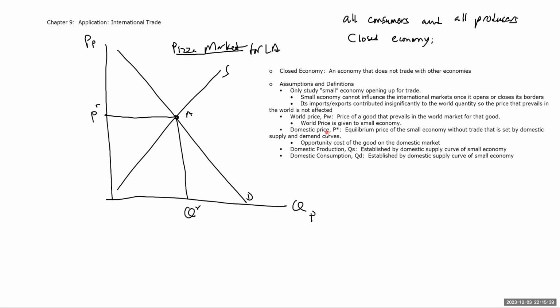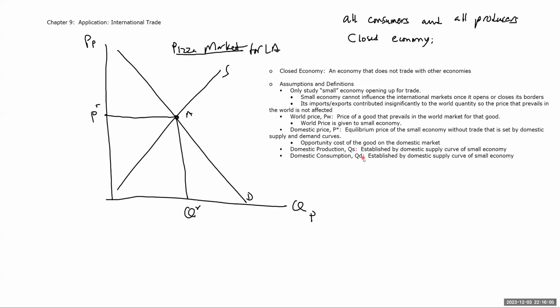That's the equilibrium price for the small economy without trade. That's set by Tahiti's domestic demand and supply curve, this P star. And this is going to be the opportunity cost of the good in the domestic market. I'm going to explain more what that means.